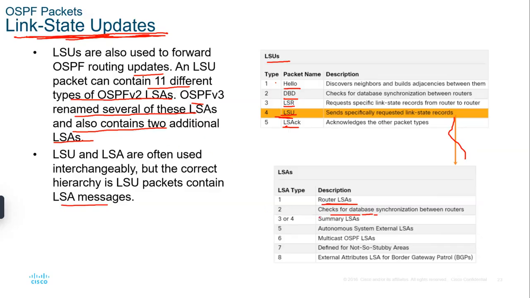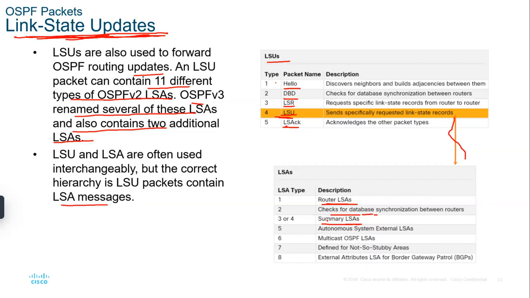Then 3 and 4 are summary. It's just a summary of link state advertisements. Then 5, which is autonomous system external. That is if it's from the external network, the information from other areas in scenarios when you use areas. Then multicast OSPF link state advertisement, that is if the messages match in those updates to multiple groups of nodes.